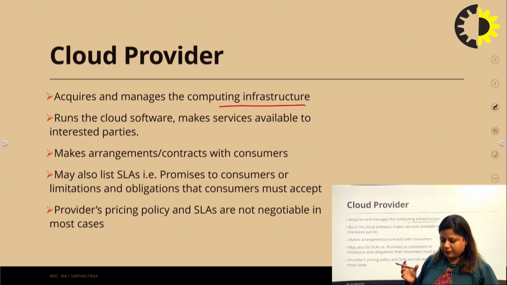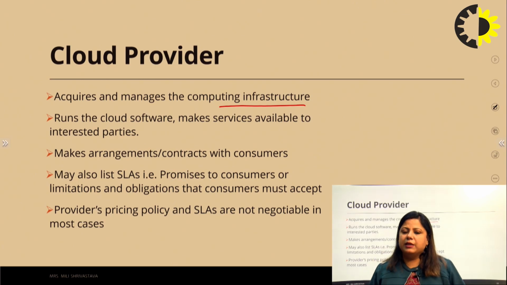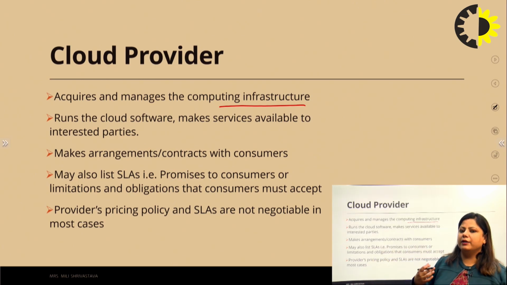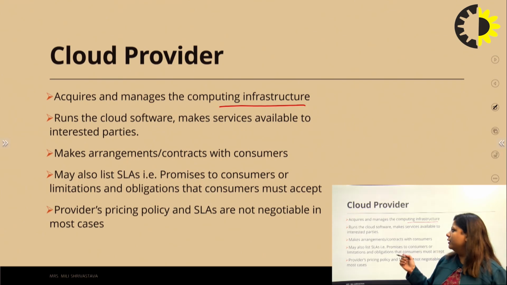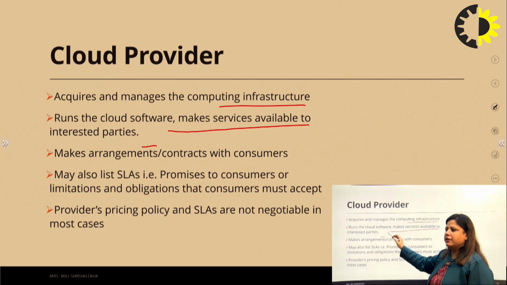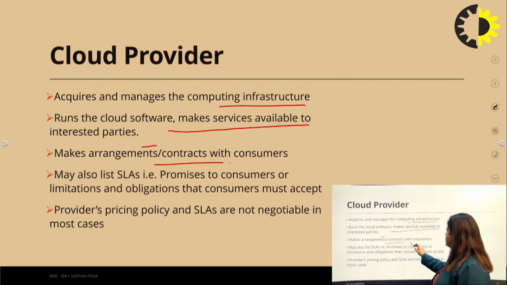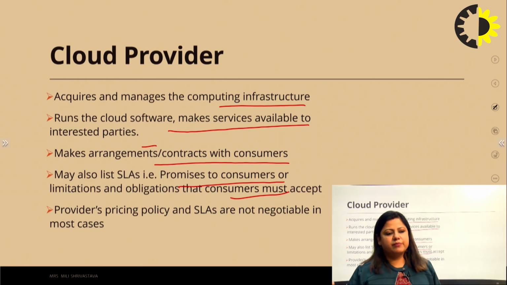Basically, for some types of cloud computing models, they also provide infrastructure and provide everything based on whatever the user requires. Now it runs cloud software, makes services available to interested parties, makes arrangements and contracts with consumers, and may also list SLAs and obligations which are provided or accepted by the consumer also.